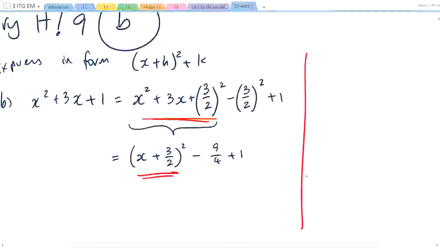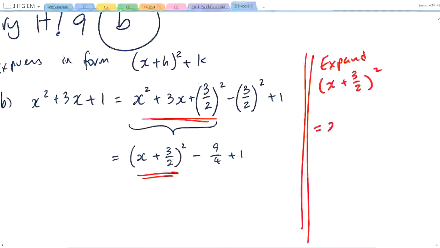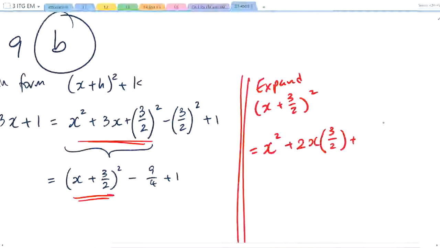Okay, some side working. Now, if in sec 1, you're told to expand x plus 3 over 2 squared, this is what you do. x squared plus 2 times x multiplied by 3 over 2 plus 3 over 2 squared.